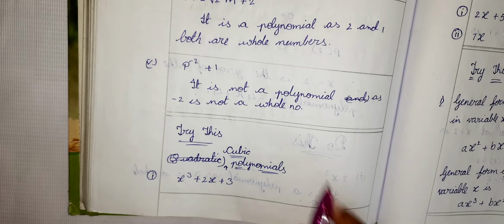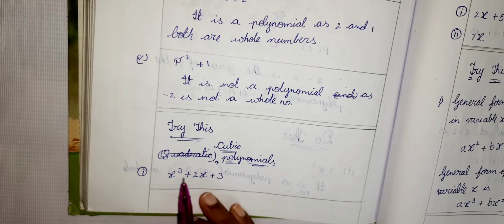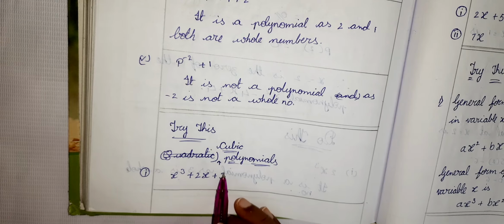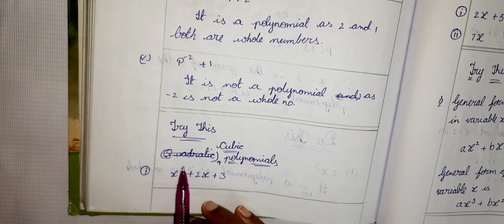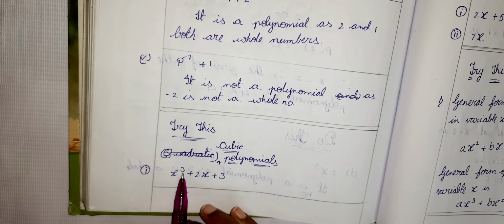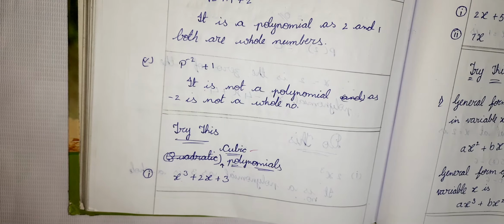So now, a cubic polynomial example: x cube plus 2x plus 3. Here the power of x is 0, here it is 1. In this term you are getting the highest power to be 3, and when the degree is 3, we call it a cubic polynomial.